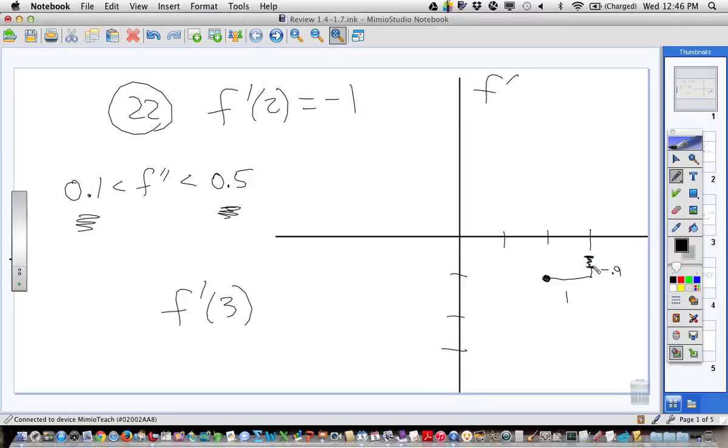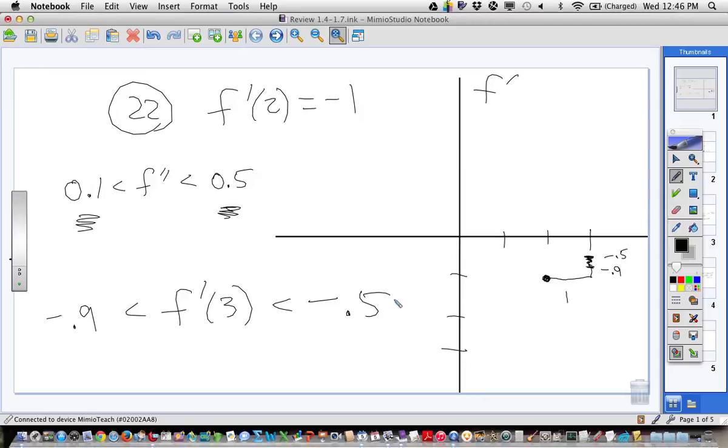Negative 0.9. If I went up 0.5, negative 0.5. F prime of 3 has to be somewhere between those two. So that's what they wanted, an upper and lower bound on f prime of 3.